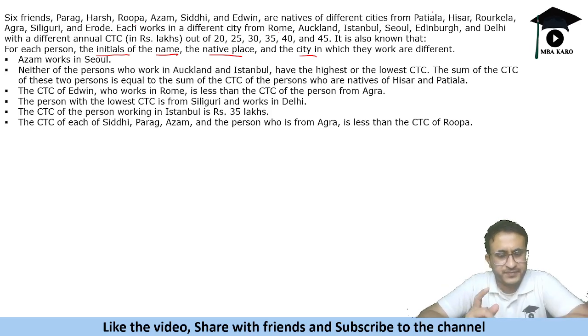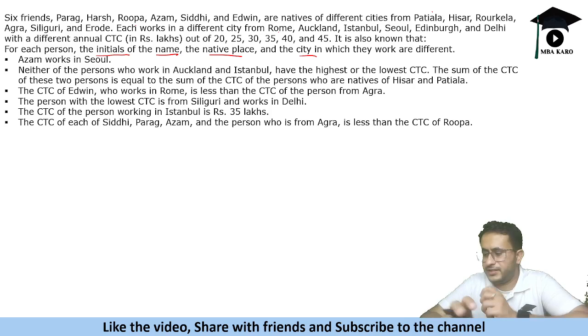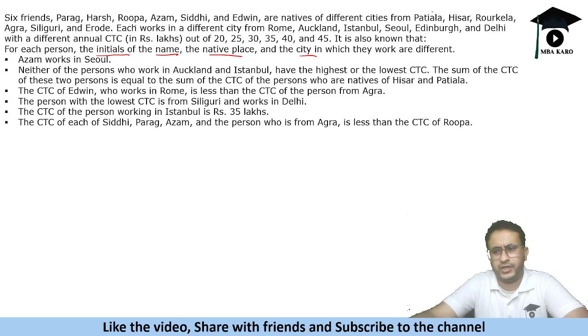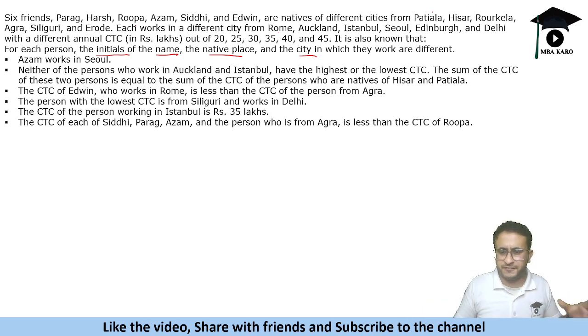Now, in such questions, the first thing is to figure out what should be the first column that we need to do. If you look at the statements, we generally have the tendency to put the first column as the name.